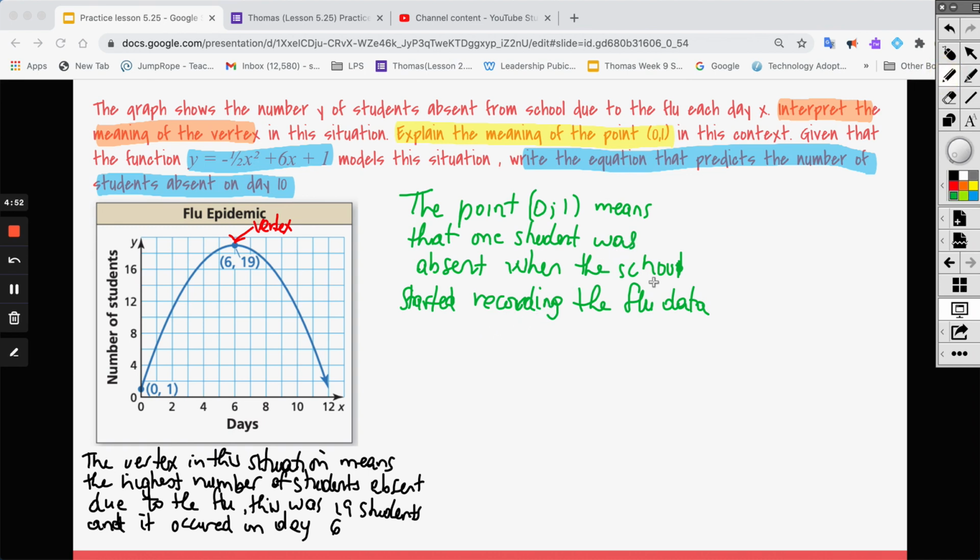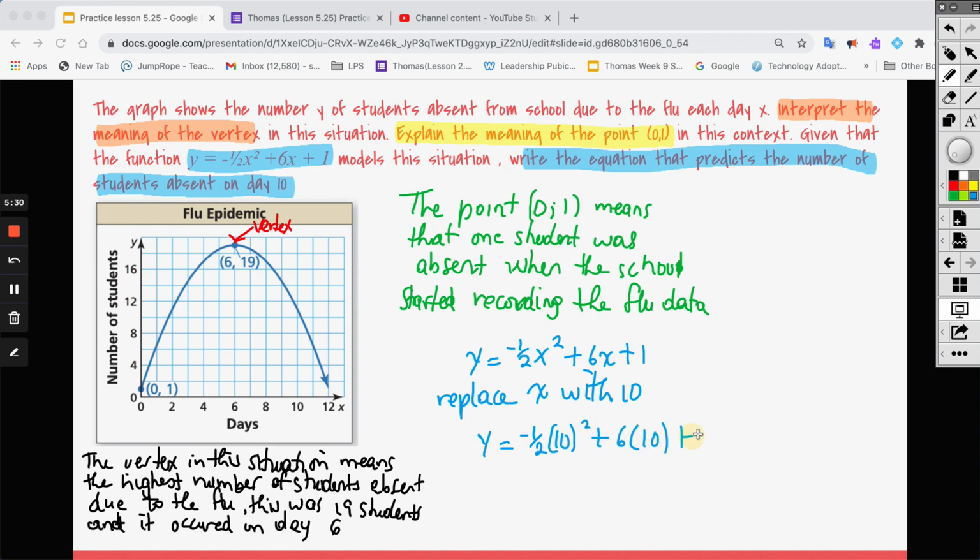So given the equation, y is equal to -1/2 x² + 6x + 1. Y represents the number of students absent. So what we're going to do is replace x with 10 in the equation. So that becomes y = -1/2 (10)² + 6(10) + 1.